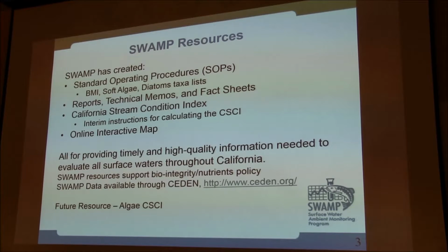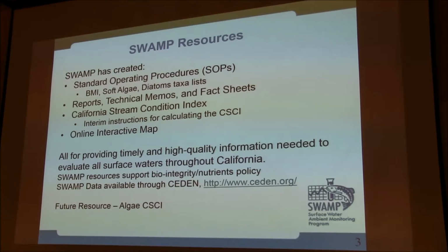And then there's also an online interactive map, which is on the ArcGIS platform, where you can look at statewide where the sites have all been scored with the CSCI and with the H20 index, which is the Southern California Hybrid Algae Index. And the purpose of all these resources is to provide timely and high quality information needed to evaluate all surface waters throughout California.